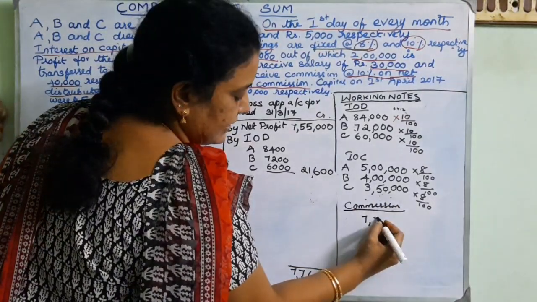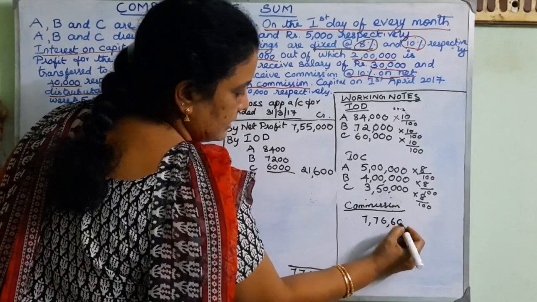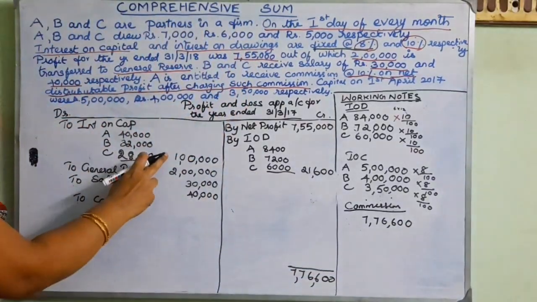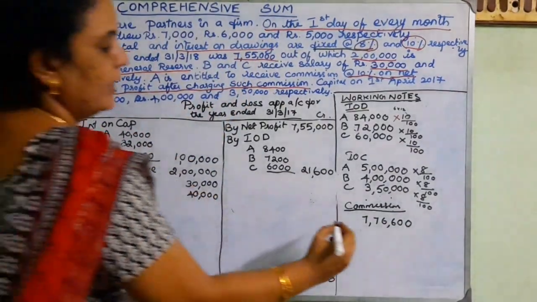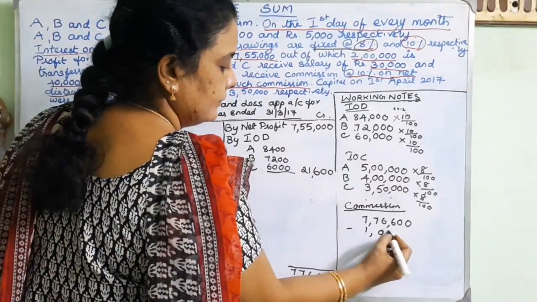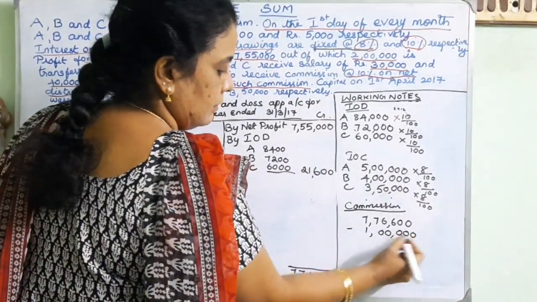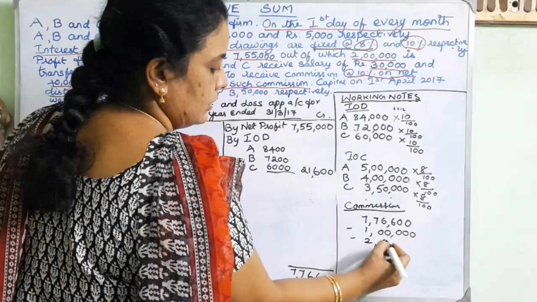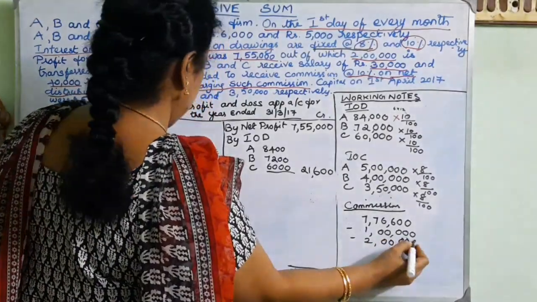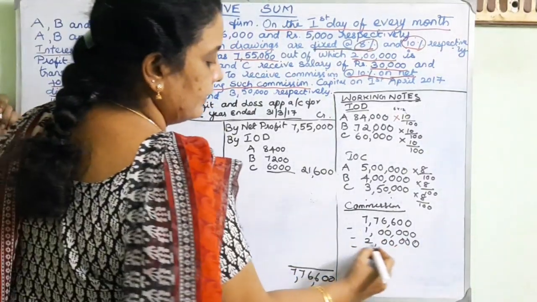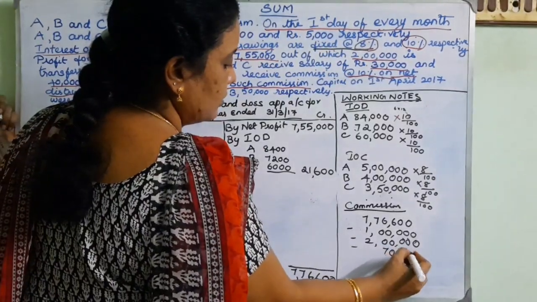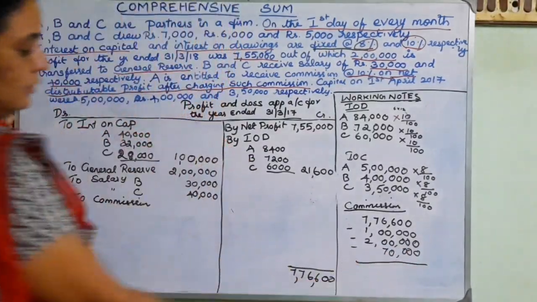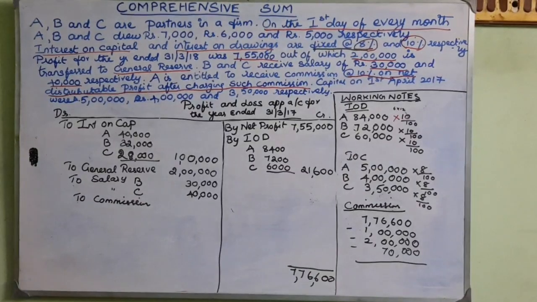From this 7,76,600, subtract 1 lakh, minus 1 lakh, minus 2 lakh, and then minus 70,000, that is the salary.